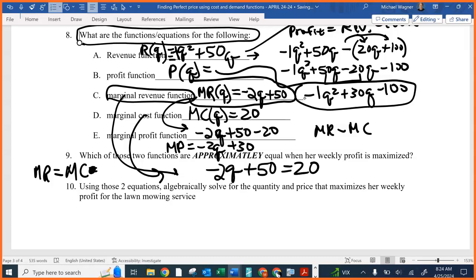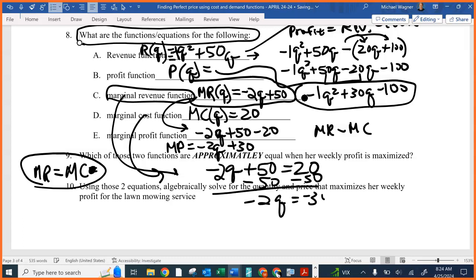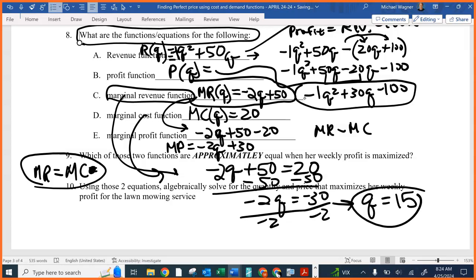We're setting marginal revenue equal to marginal cost. Now we'd have to solve for it. We go minus 50, minus 50, and then we have negative 2Q equals negative 30. Then we divide by negative 2, divide by negative 2. And what do you get? Q equals 15.